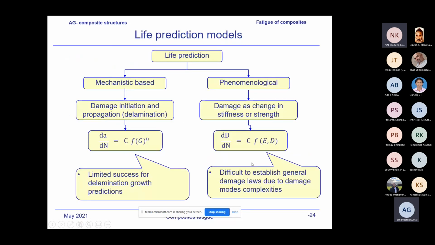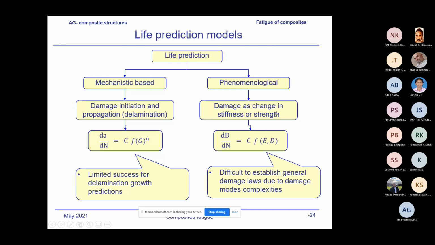Next slide. I've tried to show schematically life prediction: the mechanistic-based, like damage initiation and propagation using the strain energy release rate, which is for delamination only, the relationship we have been talking about, da/dN equals some C times a function of strain energy release rate. Here, this is a phenomenological model; an exact mechanistic model is not possible.